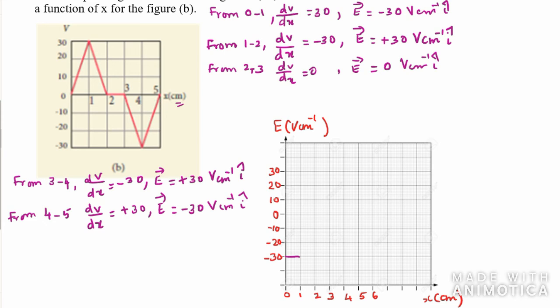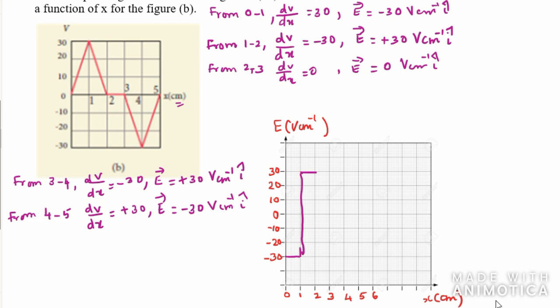So this line goes from minus 30 up to plus 30. Then from 1 to 2 it is plus 30.